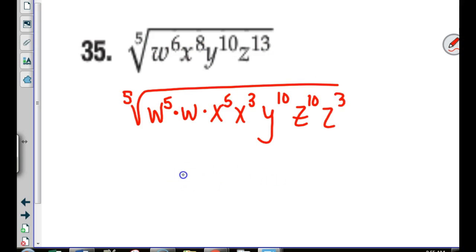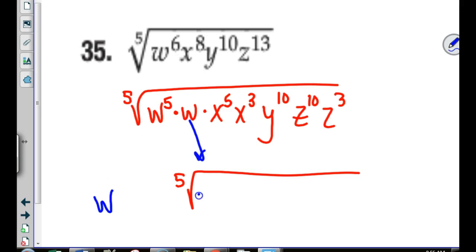All right. So the 5th root of, there's going to be some leftovers in here, but this, when I divide this by 5, I get a w. And then this guy stays in here. I divide this guy by 5 and I get an x. Now these 3 stay in here.